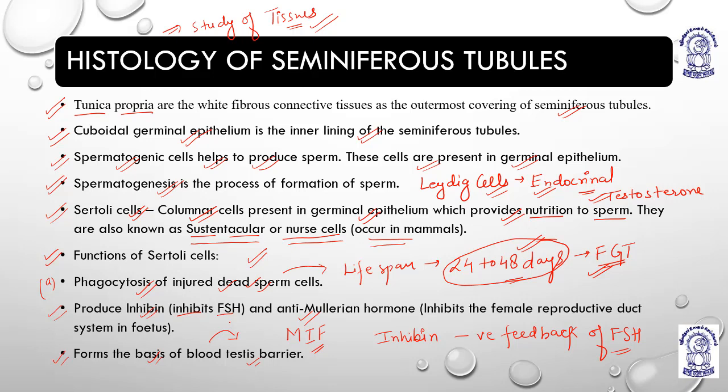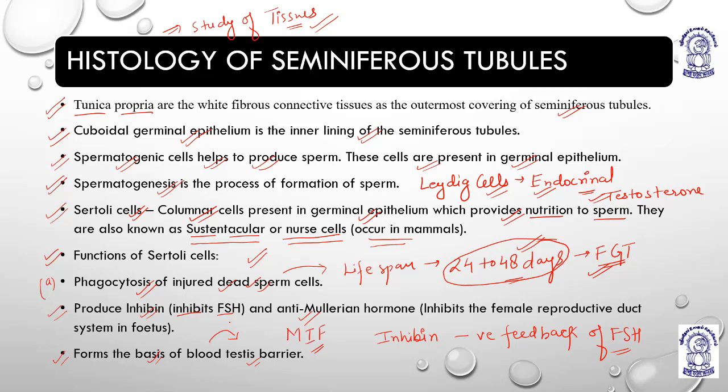Sertoli cells also secrete, in embryological conditions, the Mullerian inhibitory hormone or anti-Mullerian hormone, which inhibits the formation of the female reproductive duct system in the fetus.